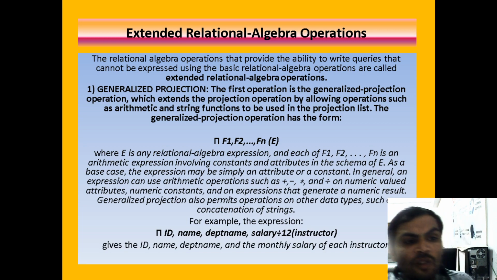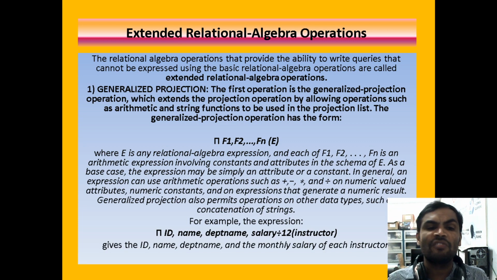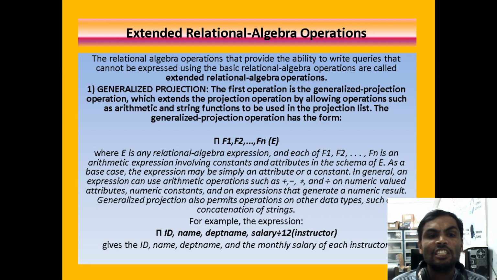Now, when we are using the generalized projection: the generalized projection extends the projection operator by allowing operators such as arithmetic or string functions to be used in the projection list. We use it when projecting under the select statement, if you want to use arithmetic or string operators.